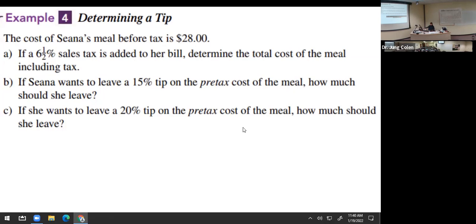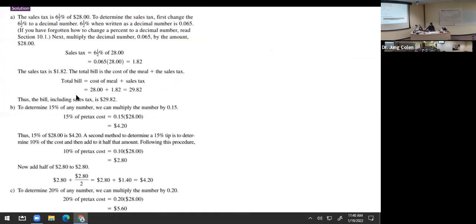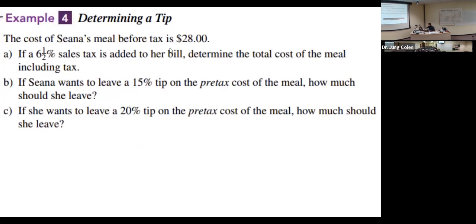Second, if Shana wants to leave a 15% tip on the pre-tax cost of the meal, how much should she leave? Third, if she wants to leave a 20% tip on the pre-tax cost of the meal, how much should she leave?